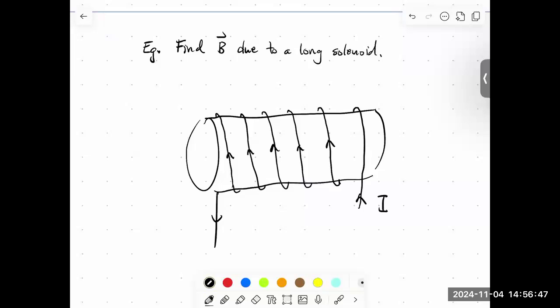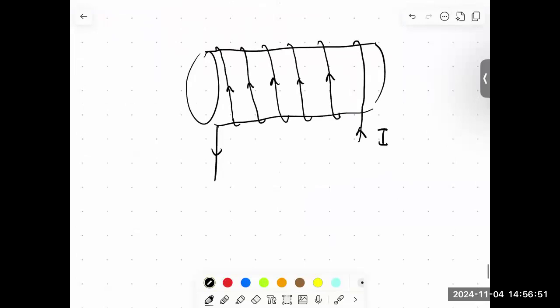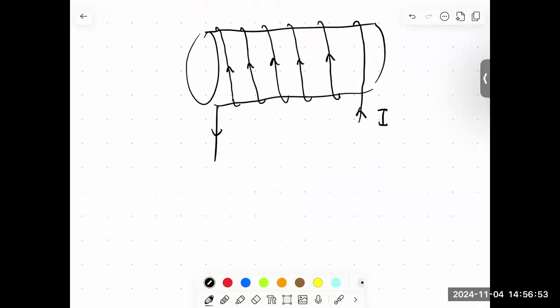All right, before we actually go and do Ampere's law, what I want to think about is that this is like having a bunch of individual current loops side by side by side. If we take a bunch of current loops and stack them side by side, that's one way of building a solenoid. So this is like a series of current loops.